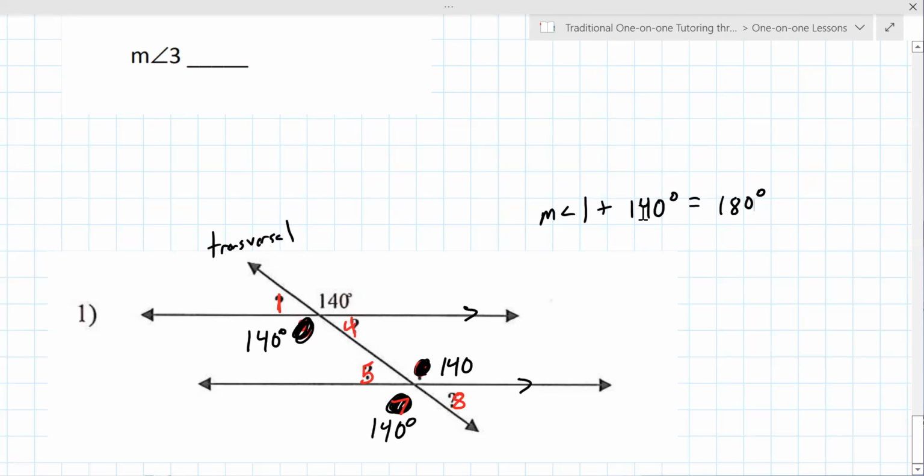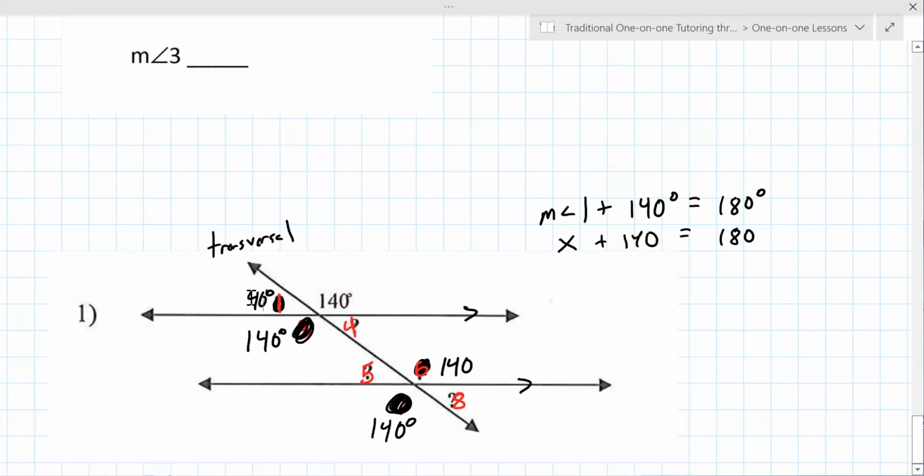You're solving this equation, treat this as an x. X plus 140 equals 180. 40. Yes. So this one on the top left here is 40 degrees.